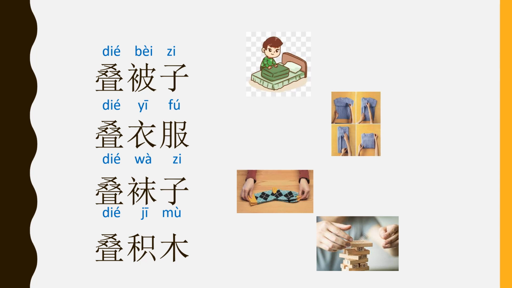Okay. Next one. Remember before we saw the picture of a boy and a girl sweeping the floor, right? So this little boy here is also sweeping the floor, right? Do you still remember the word?